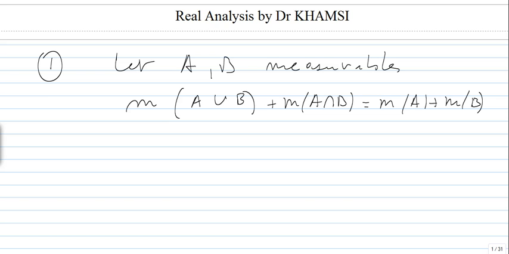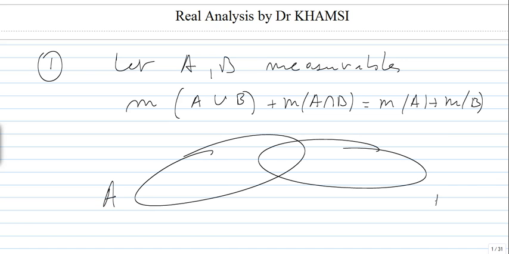So what do we know? First of all, here is A, here is B, and what we have here is A intersect B. We know that A is measurable, B is measurable, therefore A intersect B is measurable.